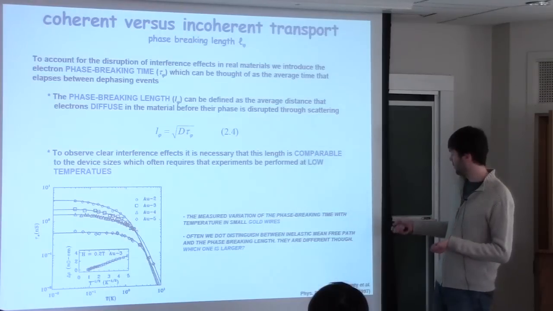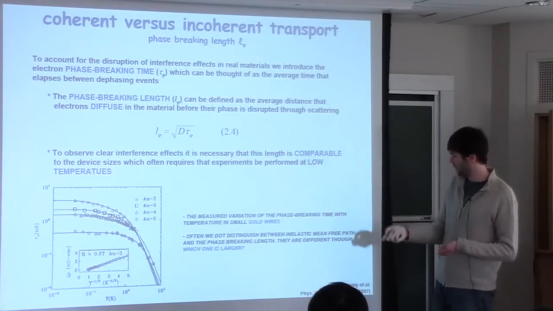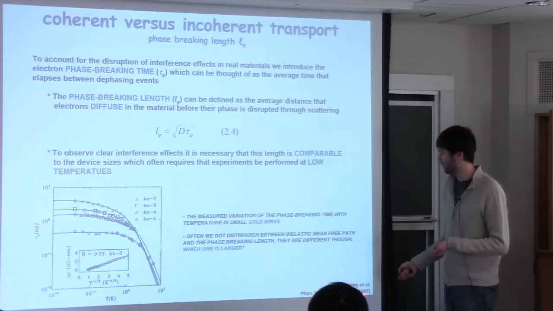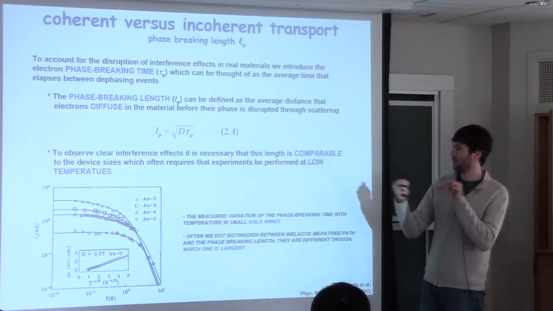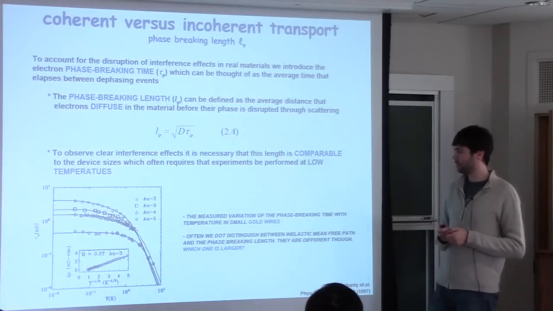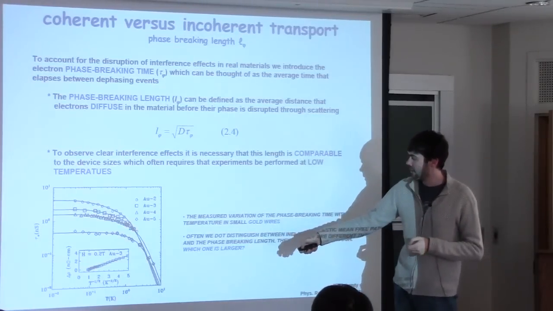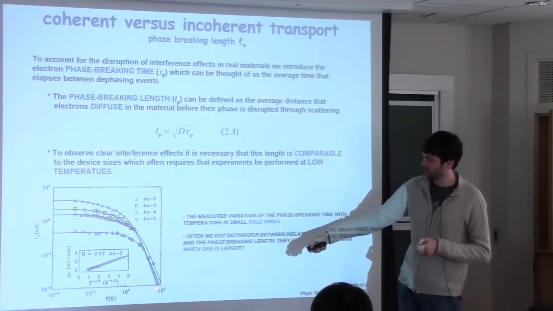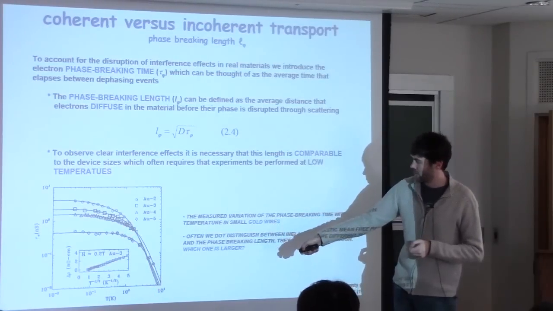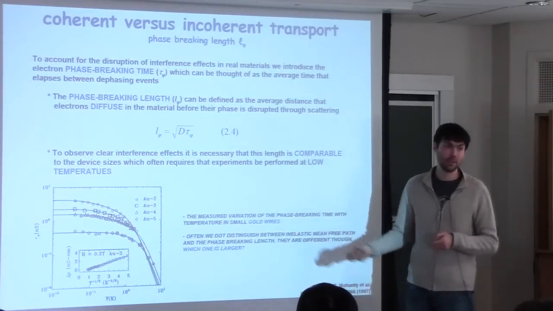This was measured in many works, but here's one example from this paper in 1907, where they studied thin gold wires. What they show is that the dephasing time increases as you lower the temperature. Here's the temperature, goes down, and the dephasing time increases.